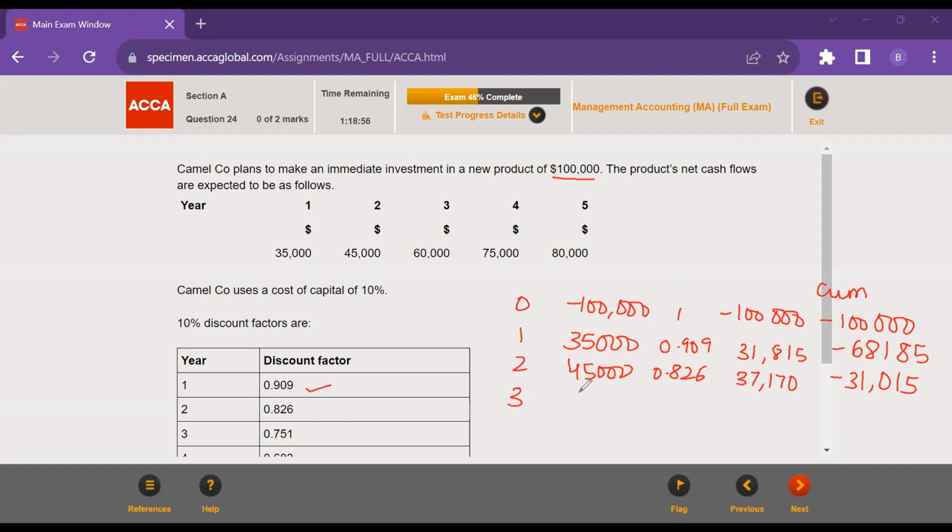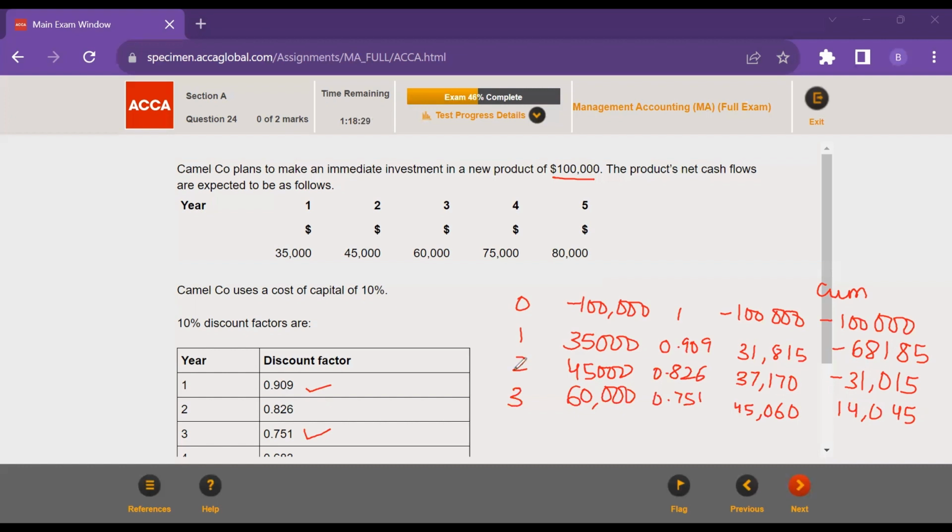Year 3 has 60,000 in positive, and the discount factor is 0.751. So I will multiply this and I will have my answer as 45,060. Then if I add this up, I will be having a positive figure over here, which is 14,045.